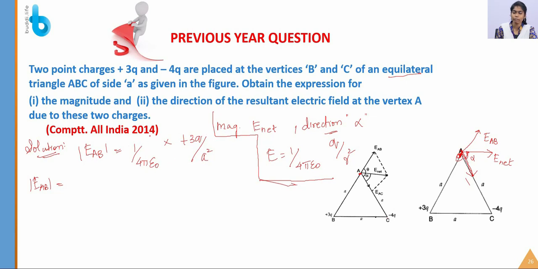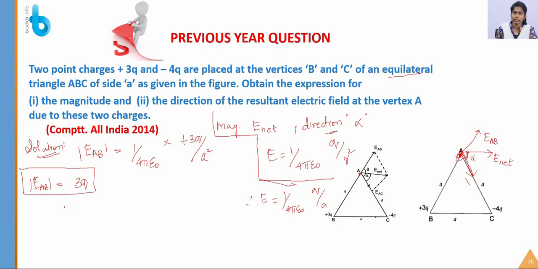Okay, so I am considering this value as E. E is equal to 1 by 4 pi epsilon naught Q by A square. Let's have this value. So that 3E. So this is the value of the modulus EAB.